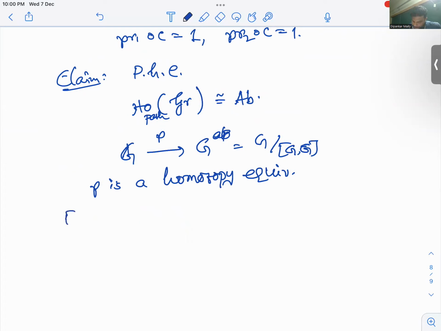I'll leave it as an exercise to check that P is a homotopy equivalence.